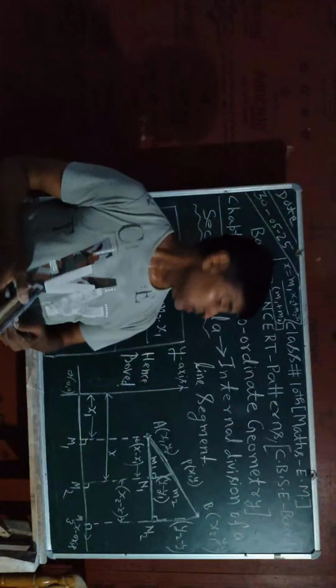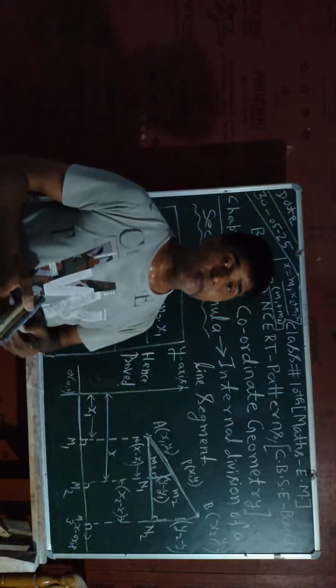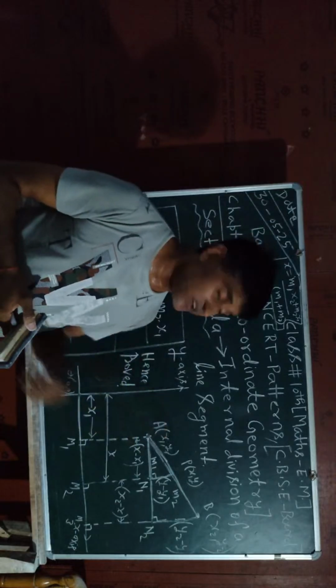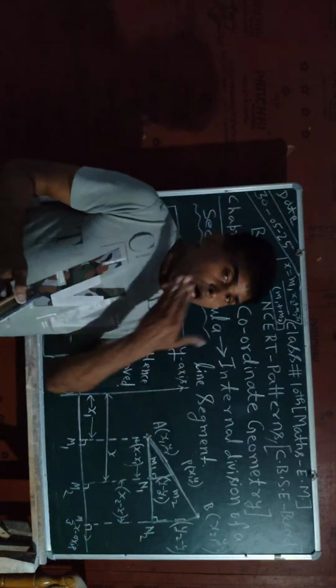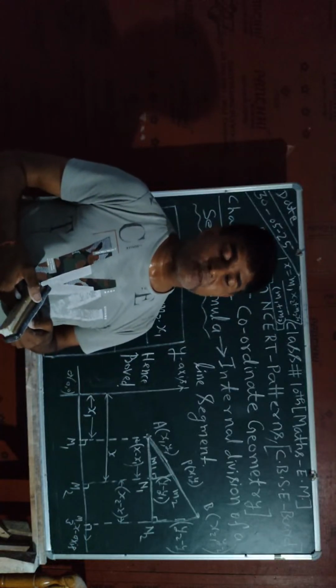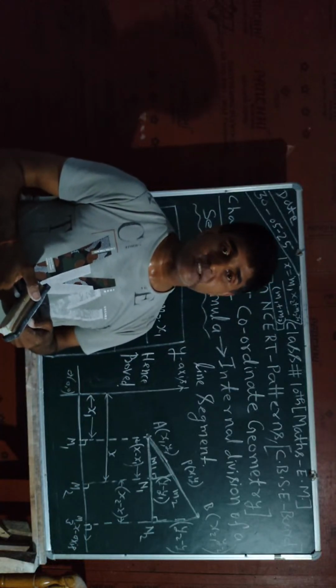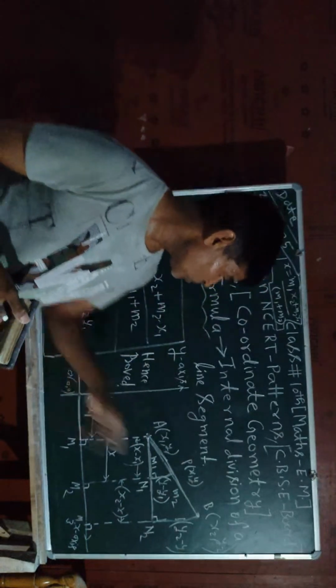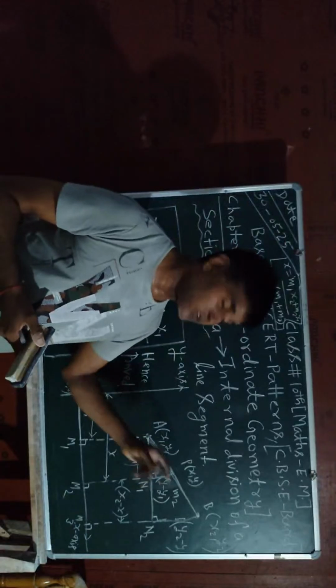Okay, so here I have told you one thing. Here we have to assume that one point is A, another point is B, and there is a point which lies on the line segment. I assume its coordinates are x comma y. Now that point divides the segment in the ratio m1 to m2.